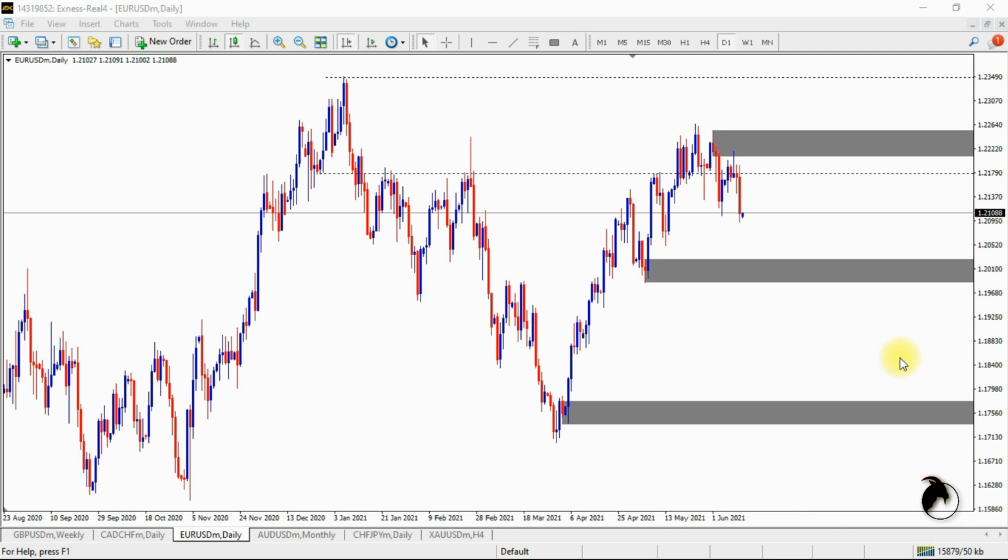So we will be looking for selling opportunities. For that reason, we will not be buying because of these two high time frames, mostly this one monthly. So we won't be looking for buying opportunities on this pair. Our focus will only be on selling opportunities.